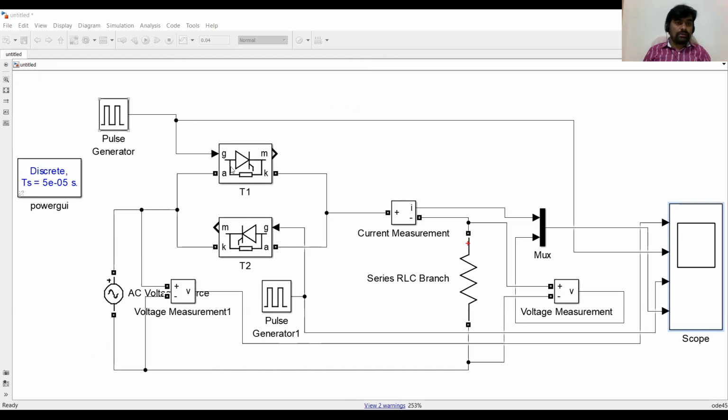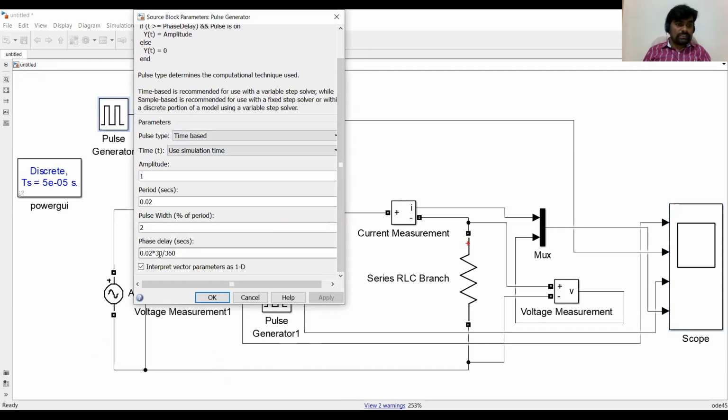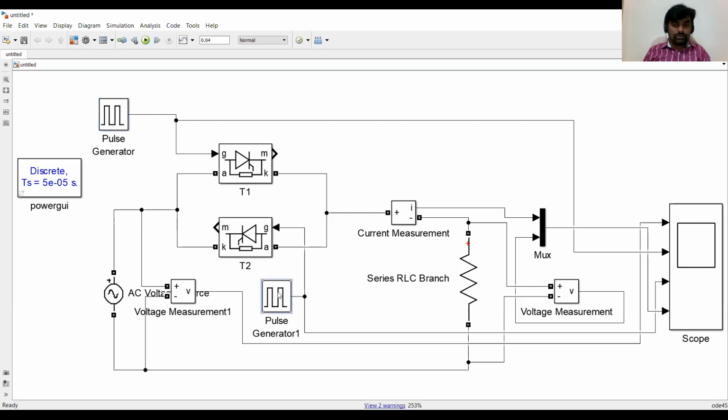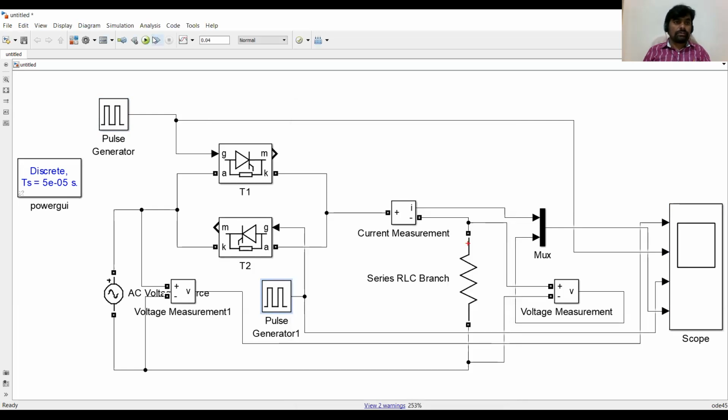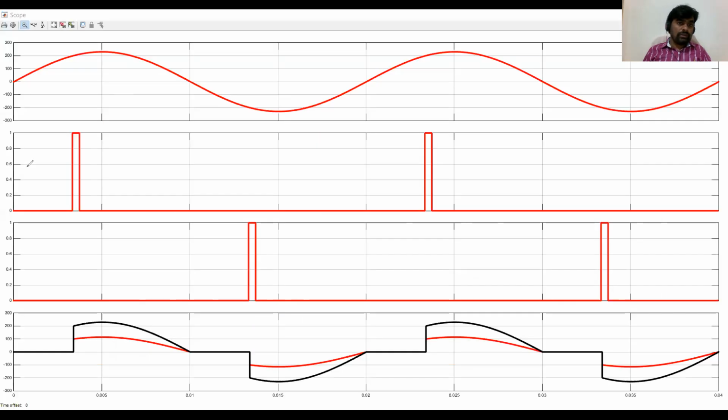Let me run it for 60 degrees now. So now 30 is replaced by 60, and here also 30 has to be replaced with 60. Then 60 plus 180 is the firing pulse given to thyristor T2, and you can see here. Now this is the wave shape at alpha equal to 60 degrees, right?